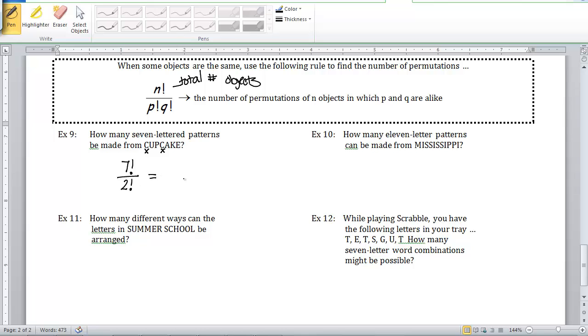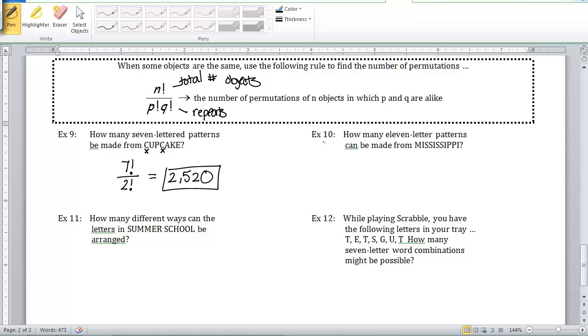And so really, the number of different 7-letter patterns that you could have with one of those letters repeating once would be 7 factorial divided by the repeats, 2 factorial. And that divides to 2,520. So the denominator is the repeats.